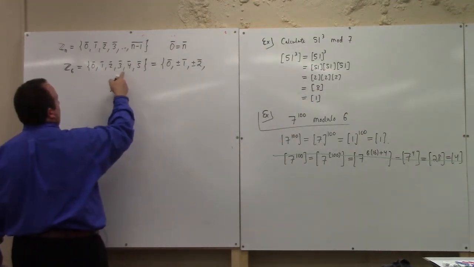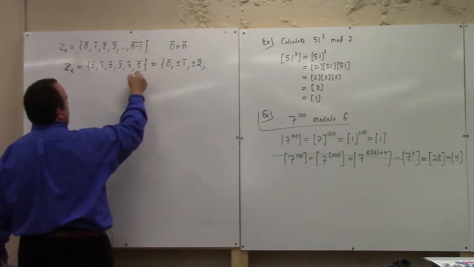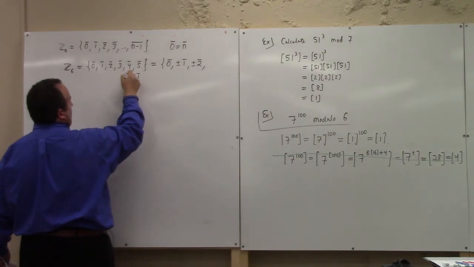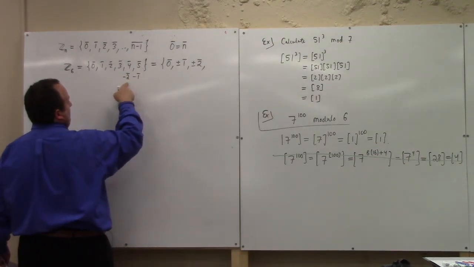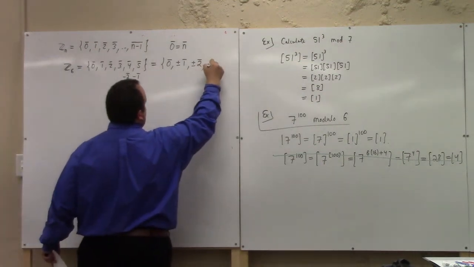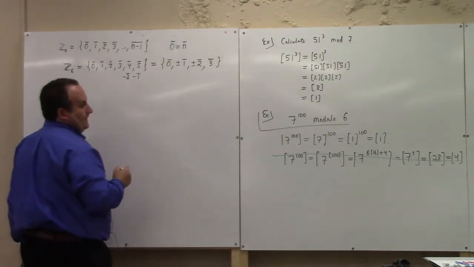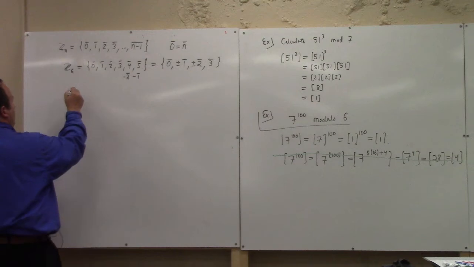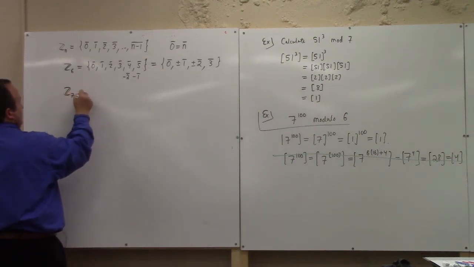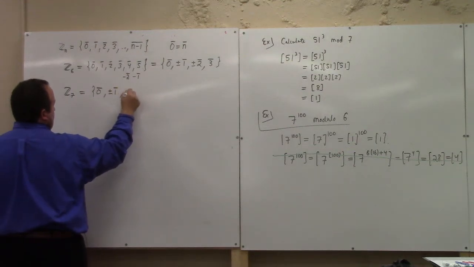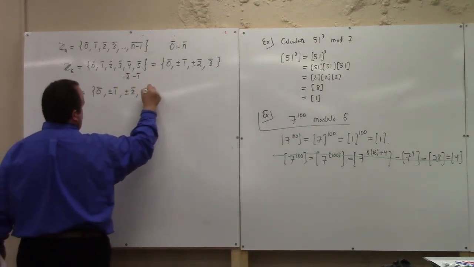So minus, which one's the minus? Minus, this is minus 1 bar, right? And this is minus 2 bar. So then there's 3 bar. For Z7, you could list them as 0, plus or minus 1 bar, plus or minus 2 bar, plus or minus 3 bar.